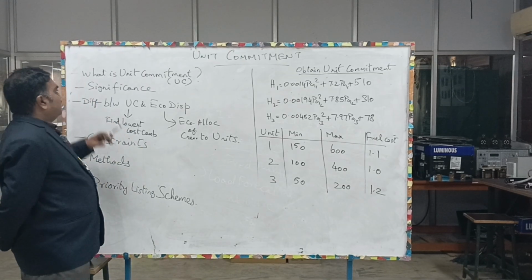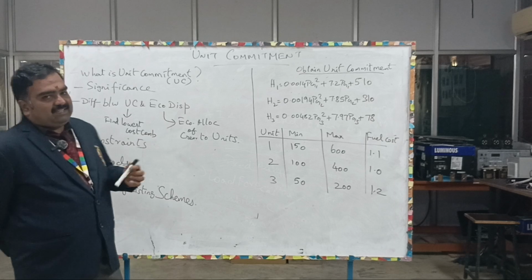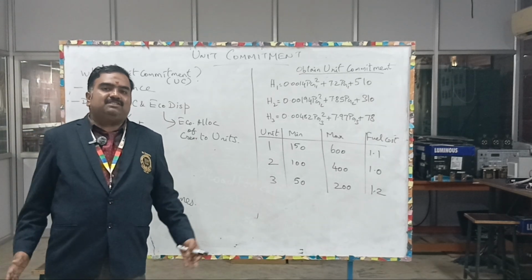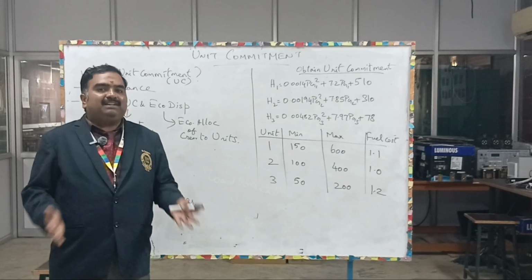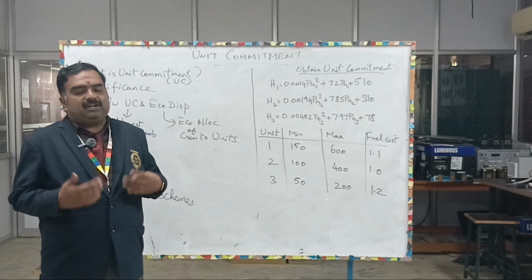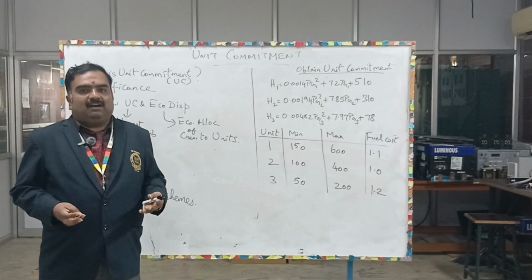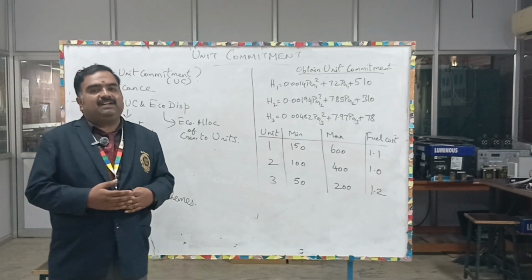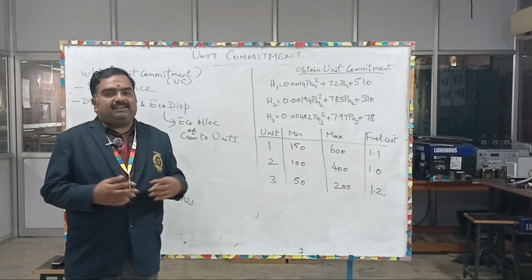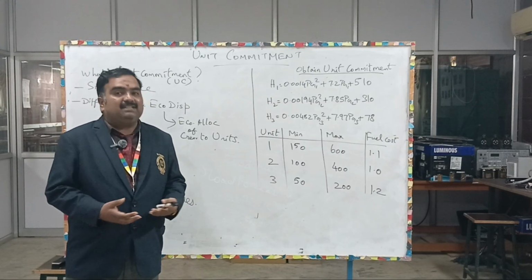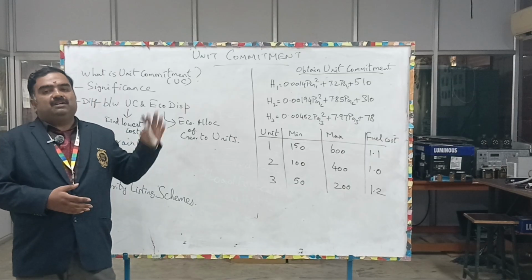Now unit commitment is finding the low cost strategy: out of n number of generators or generator combinations, given their minimum and maximum loading limits, their production cost and other details, which combination of generators will be a low cost strategy. Out of n generators you can find some m subset of generators which will cater to this low cost.